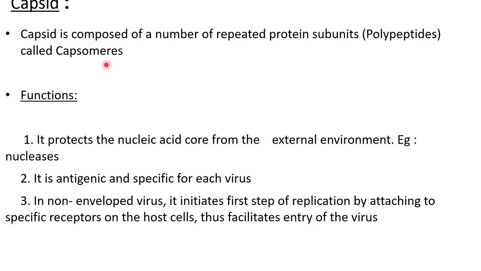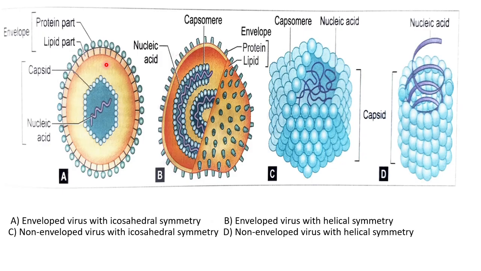As you can see in the picture, this is the general structure of a virus. The innermost core contains nucleic acid. Here you can see single stranded nucleic acid, and next to nucleic acid there is a capsid which is composed of a number of protein subunits called capsomers. So the capsid is composed of capsomers.